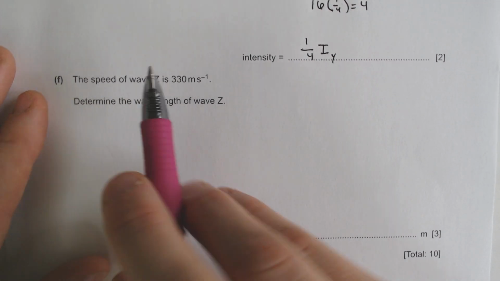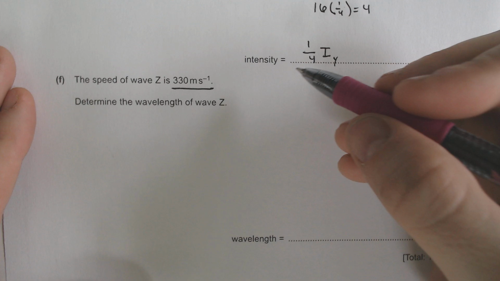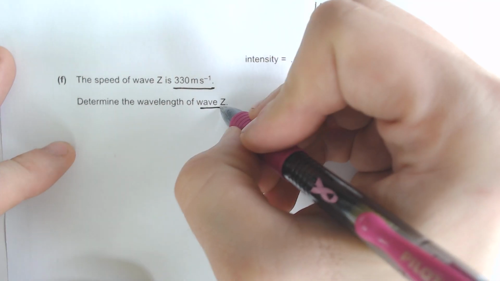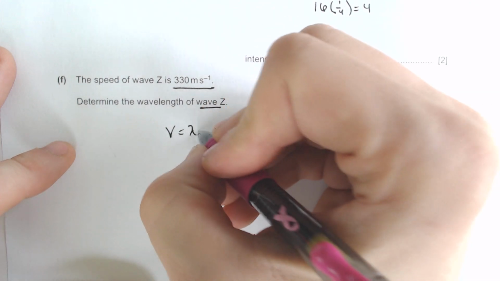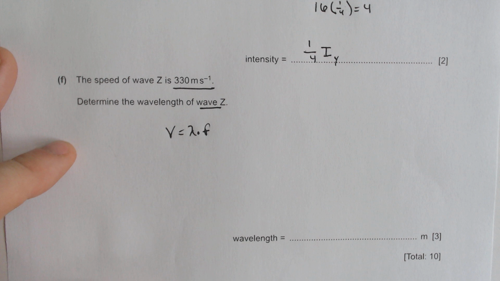The speed of wave Z is 330 meters per second. I almost messed up again. Determine the wavelength of Z. Okay, so velocity is equal to wavelength times frequency. All right. We have the velocity. And I'm kind of confused why that one.